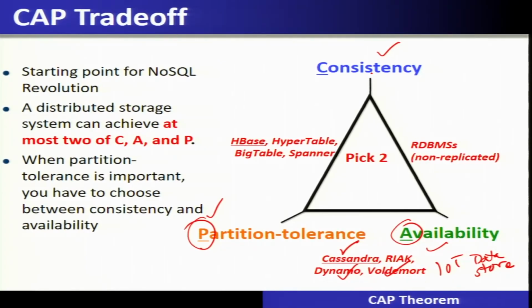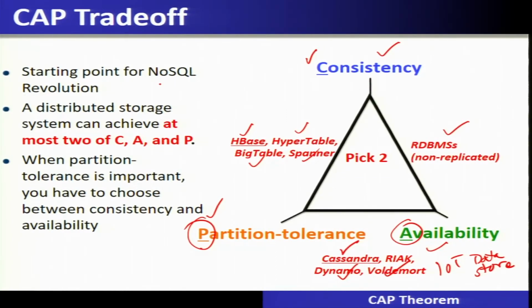Examples of databases which satisfy consistency and partition tolerance are HBase, Hypertable, Bigtable and Spanner. Most of these are from Google. If consistency and availability both are to be ensured, then it is an RDBMS.